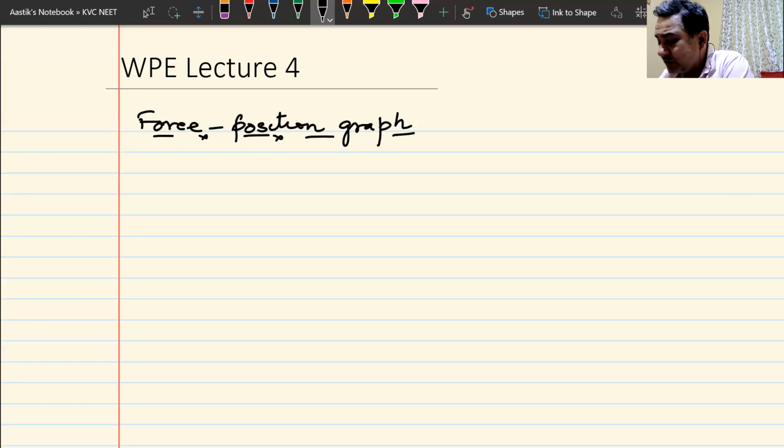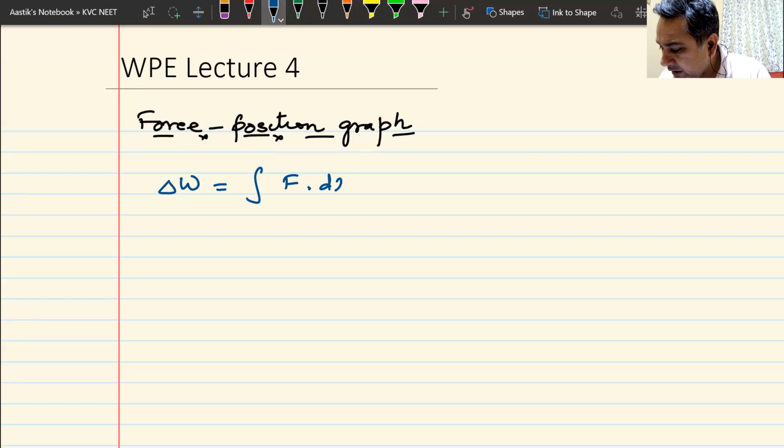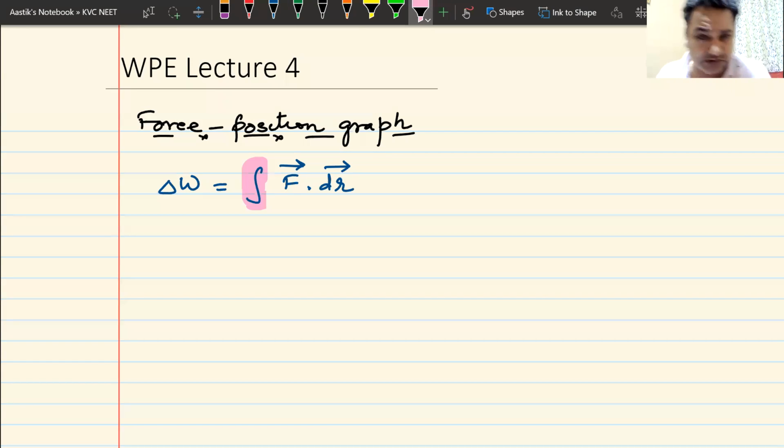Now, what will happen in this force position graph? If you look very closely, the general formula of work done is integral of F dot dr. As soon as you see this symbol of integration, integration means summing up. If you go back 3-4 months, we discussed integration, and we understood that integration is summing up, but integration simply means that it is area under a graph.